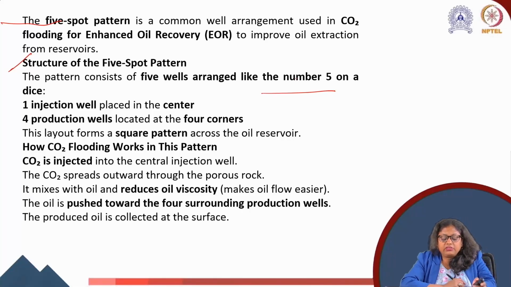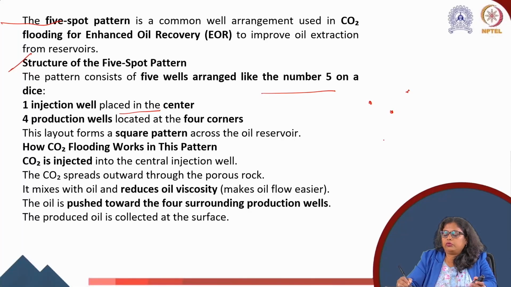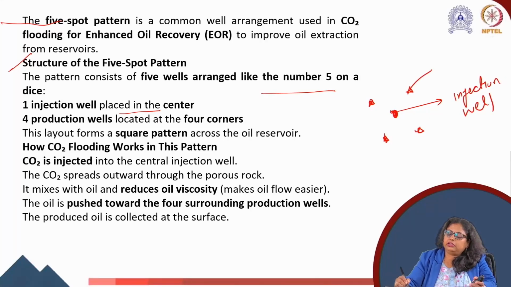Here, one injection well is placed in the center, and we have 4 production wells, which we can represent by a different notation. So at the center we have the injection well, and it is surrounded by the 4 production wells.